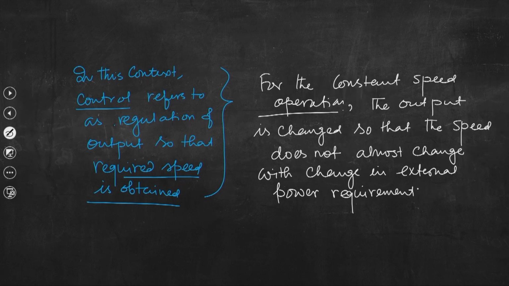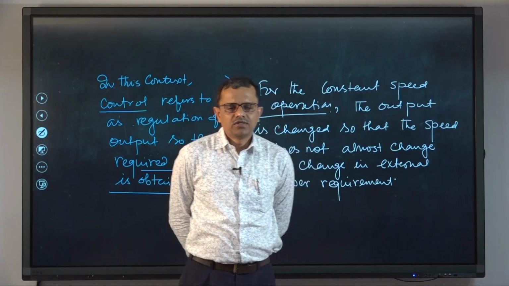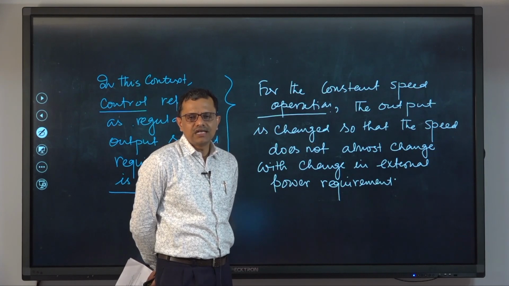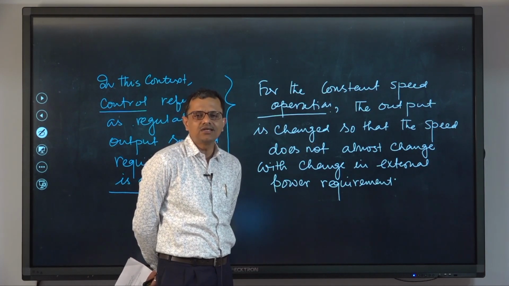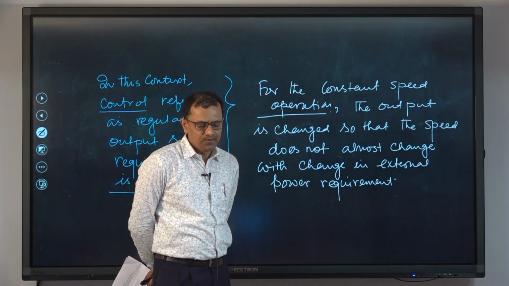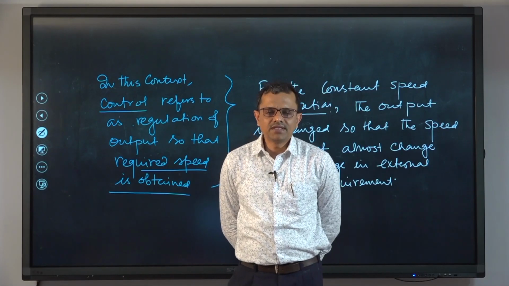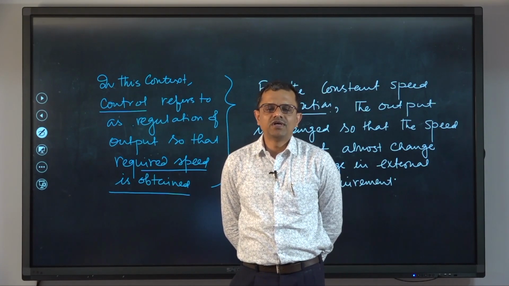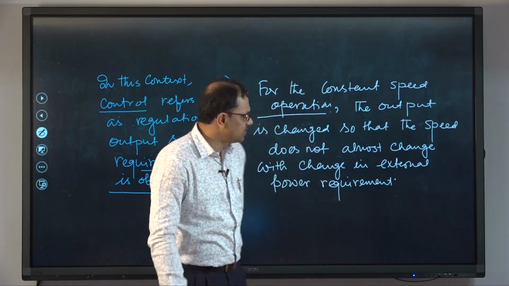We are doing this as an introductory discussion for this topic, that is speed control. We shall discuss what speed control is, why it is necessary in the context of engine operation, and what are the possible avenues or methods available to bring a control over the speed of the engine.